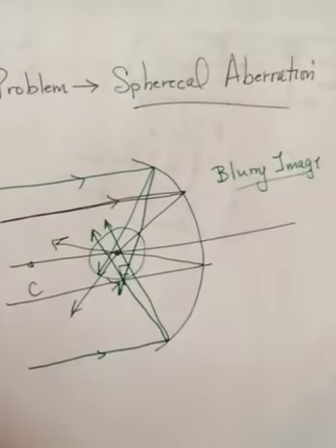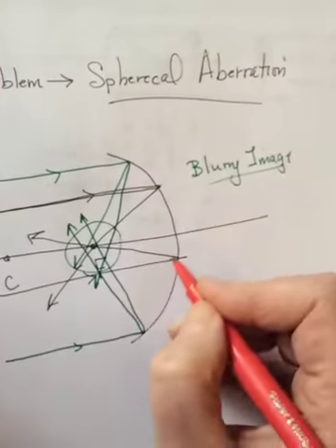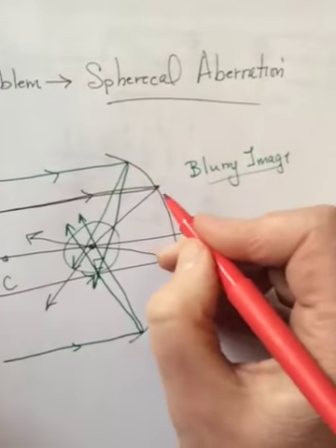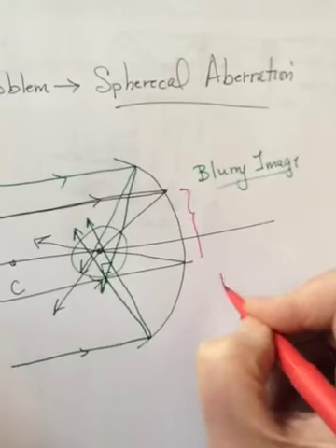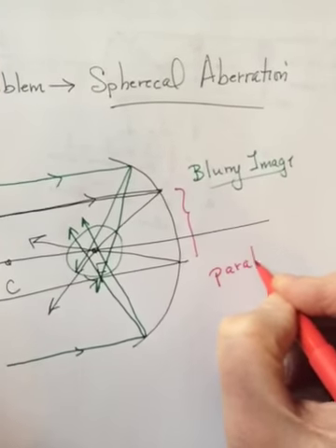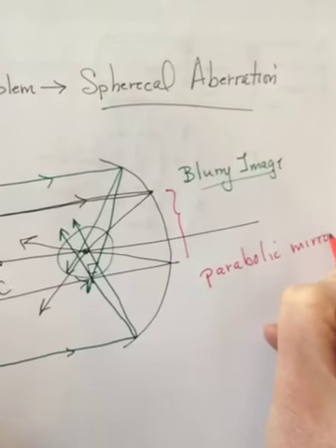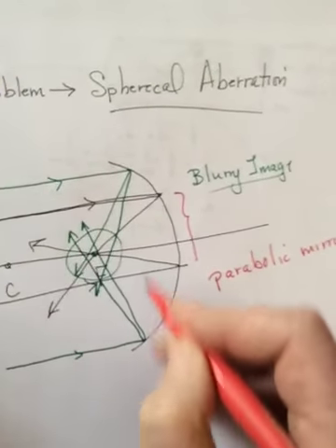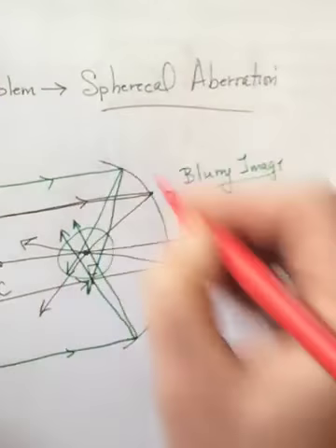There are 2 ways you can fix this. One way to fix it is don't use the outside of the mirrors. Only use the center part, and you'll be okay. So that's one way to fix it. The other way to fix it is to use a parabolic mirror instead of a spherical one. The parabolic one means it wouldn't have the same radius of curvature all the way around.